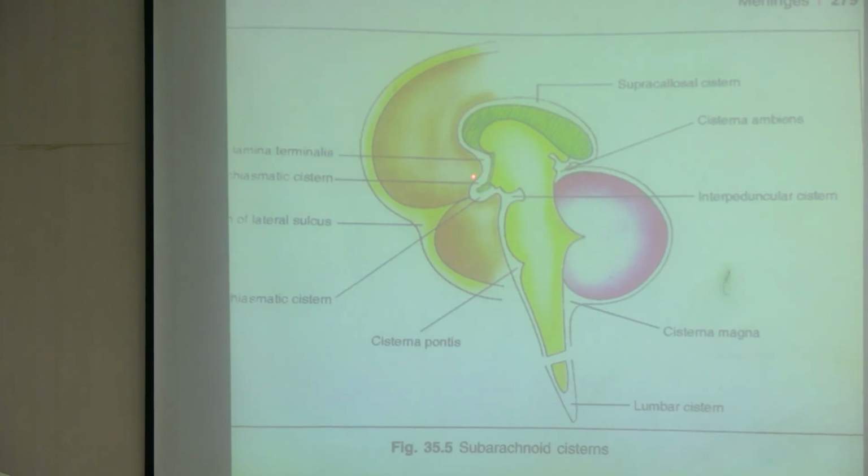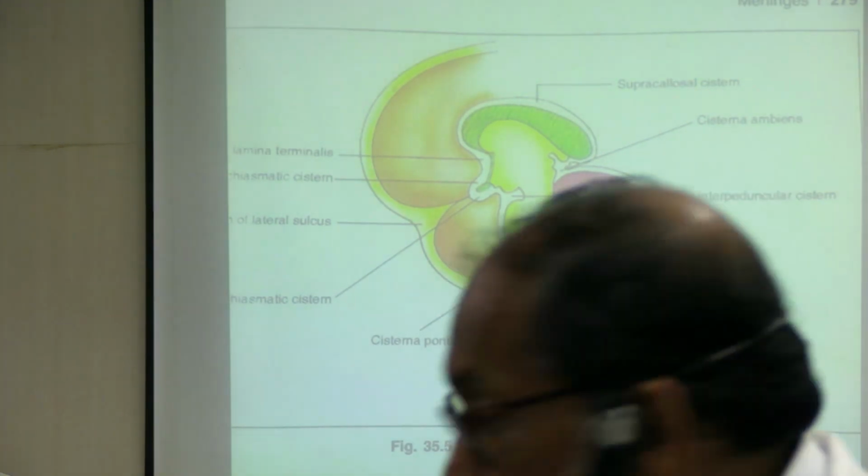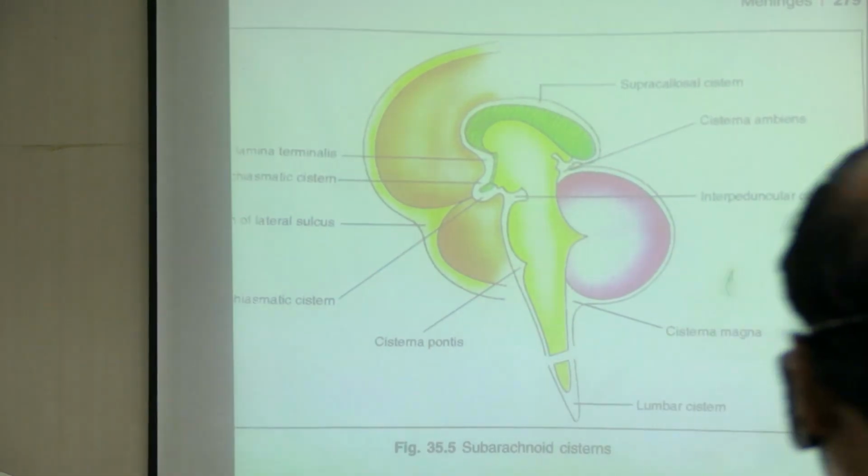In front of the optic chiasma, the cistern is known as the pre-chiasmal cistern, and behind it, the post-chiasmal cistern. So these are some of the cisterns, right? Out of these, the most important is cisterna magna.